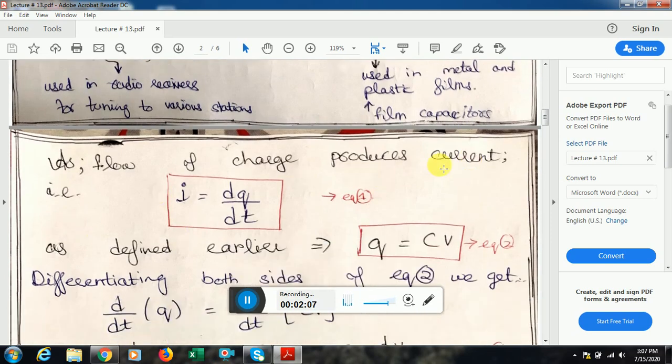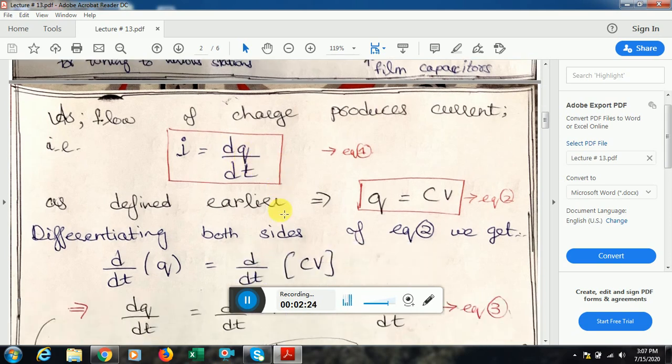As I told you, flow of charge is current. If the flow of charge is changing, that means there is a displacement of charge, and the displacement is represented as dq by dt: with time, the movement or change of charge takes place. As defined earlier, Q is equal to CV, charge is the product of capacitance and voltage.